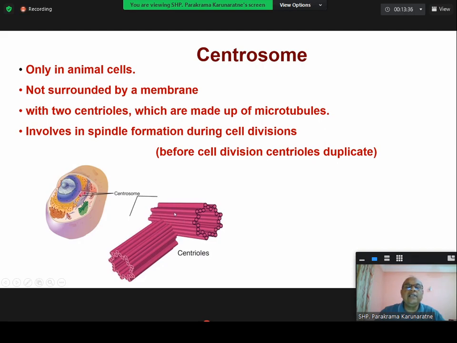You see, these two are at right angle to each other. Centrosomes are not surrounded by a membrane. The two centrioles are made up of microtubules.